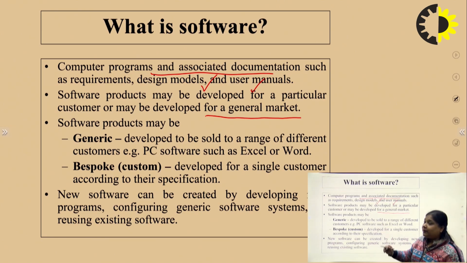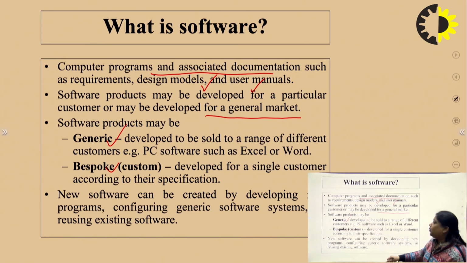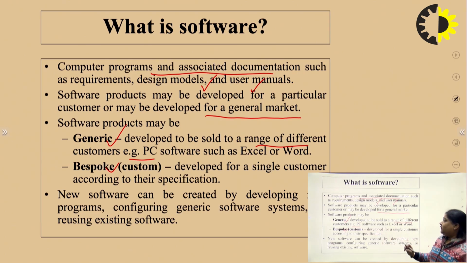So software products may be generic or bespoke. What is generic? Software developed to be sold to a range of different customers. For example, Excel and Word. These are generic software that is required by almost all users.